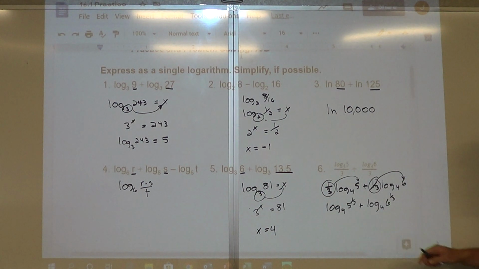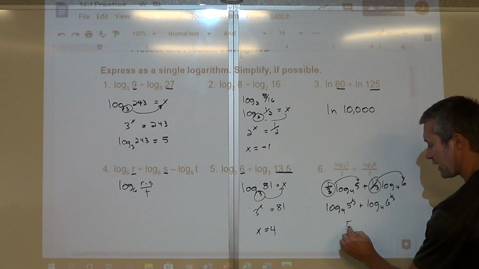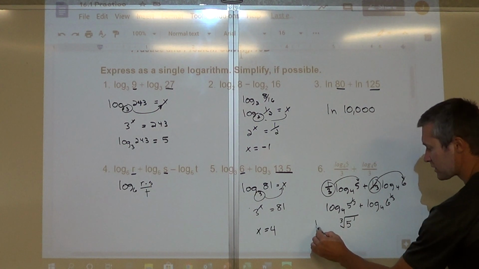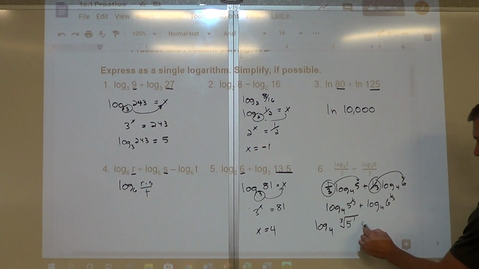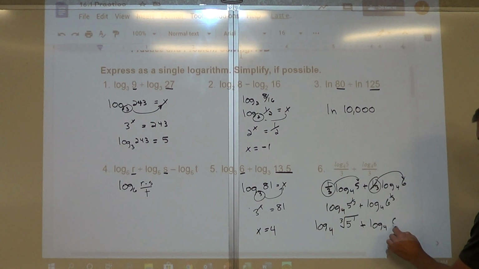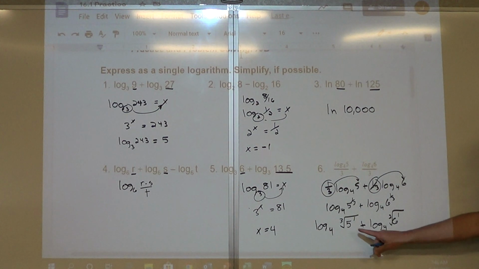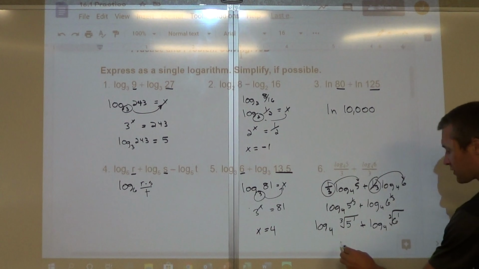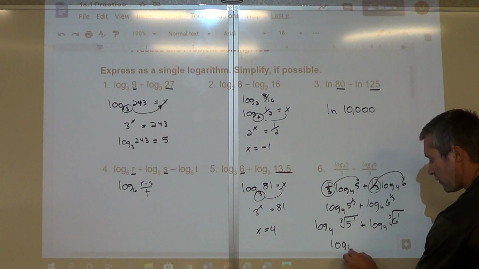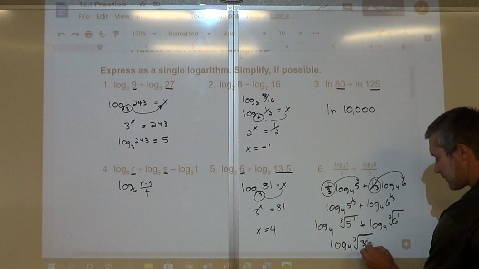Now we're going to write this in radical form, so that would be log base 4 of the cube root of 5, plus log base 4 of the cube root of 6. And since the root's the same, it's addition, we just multiply. 5 times 6 is 30. So our answer would be log base 4 of the cube root of 30.